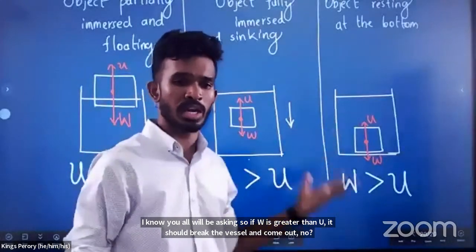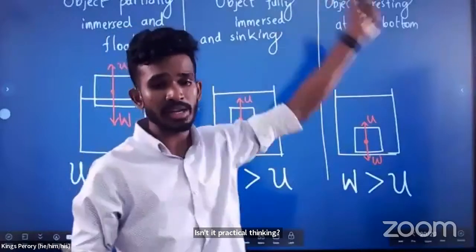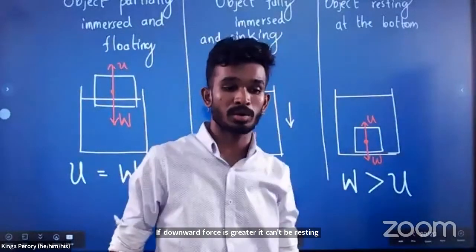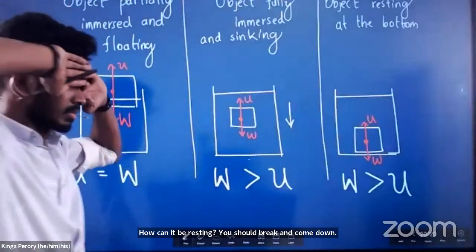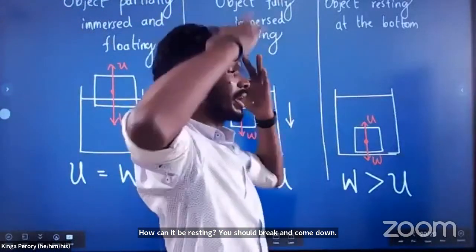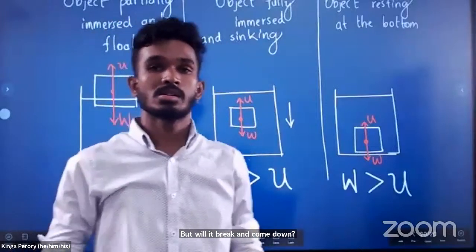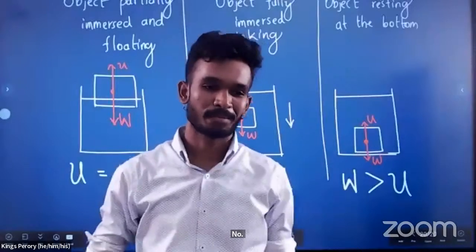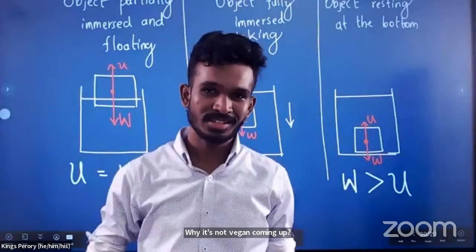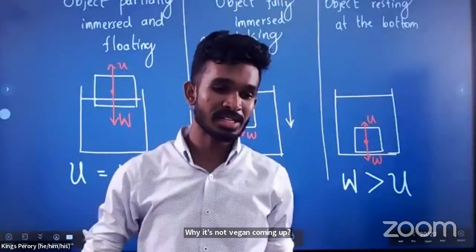If downward force is greater, it can't be resting. How can it be resting? It should break and come down. But will it break and come down? No, sir. Why is the vessel not getting broken?